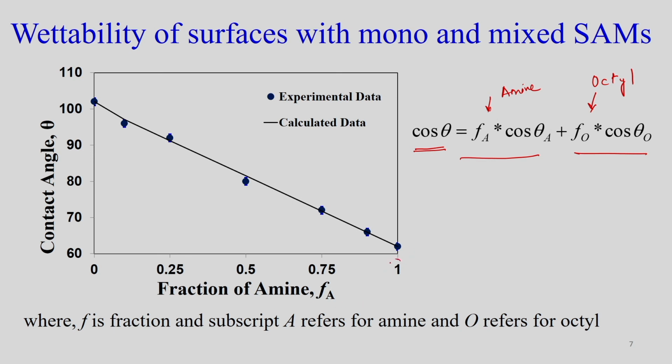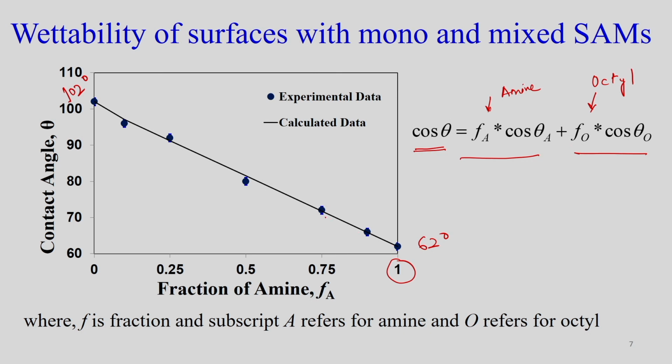When the fraction of amine is 1, the contact angle is 62 degrees, when the fraction of amine is 0, the contact angle is 102 degrees, and for intermediate values, depending on Fa and Fo, we can calculate using the very simple Cassie equation.